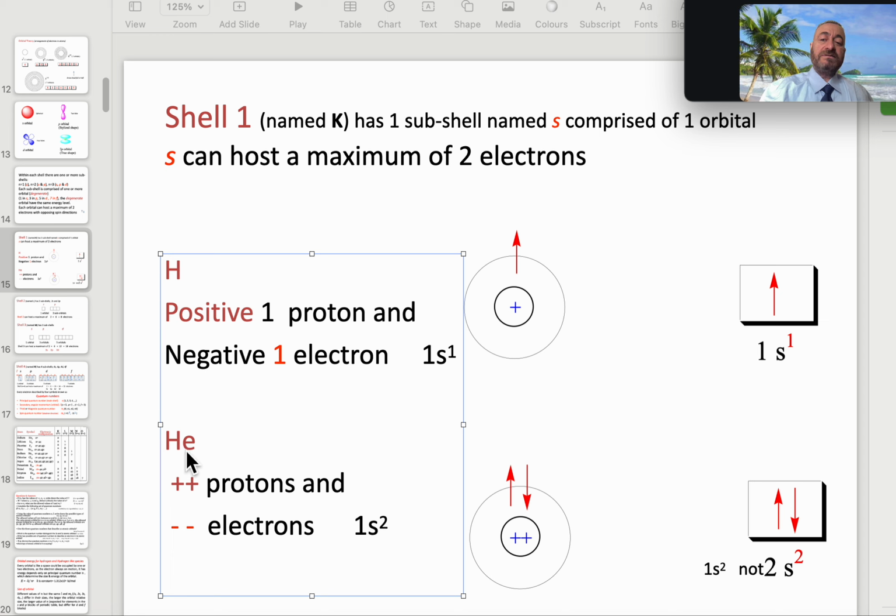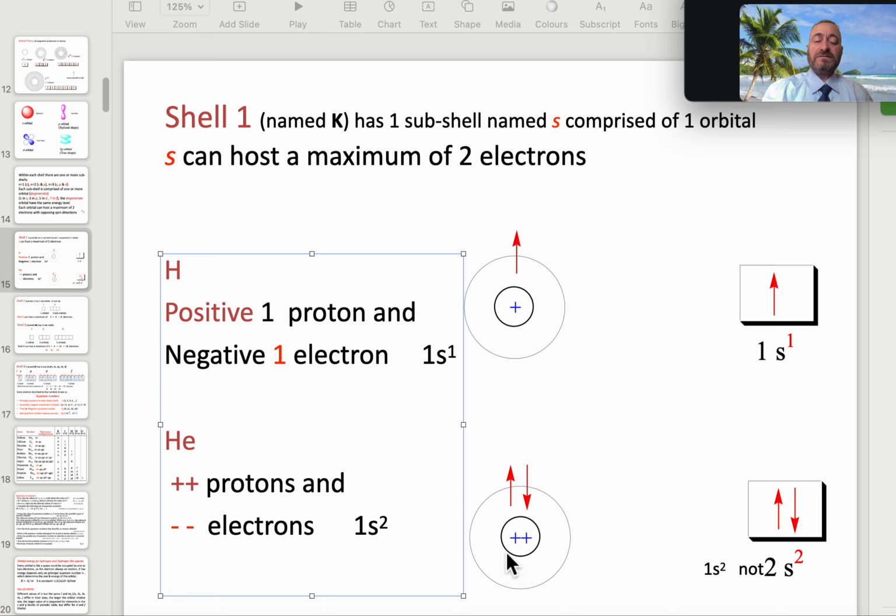Helium's atomic number is 2. So the 2 occupies the first orbital and the first shell, shell 1. When we say helium 2, it means 2 electrons. 2 electrons always equal 2 protons in the nucleus.